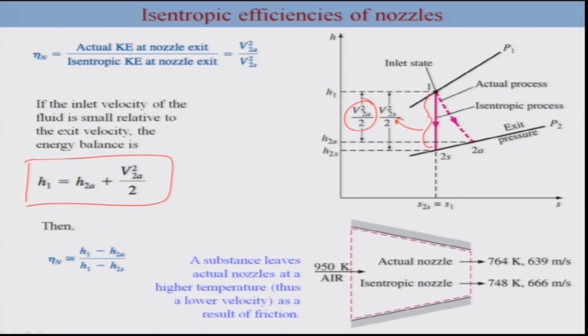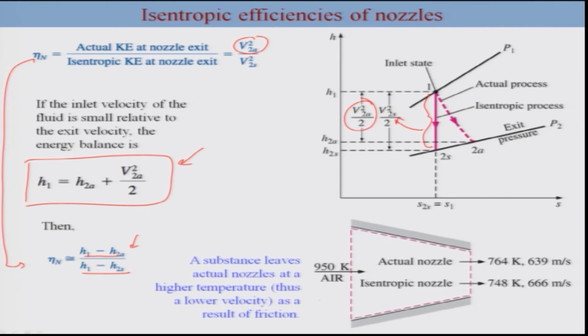So, this is more expressed in this form. Thus you can write this not necessarily in terms of kinetic energy, but simply as the change in enthalpy for the actual case divided by that for the isentropic case. Okay. So, that would be the definition of the isentropic efficiency of a nozzle, not much different from what we have seen for the case of turbine.